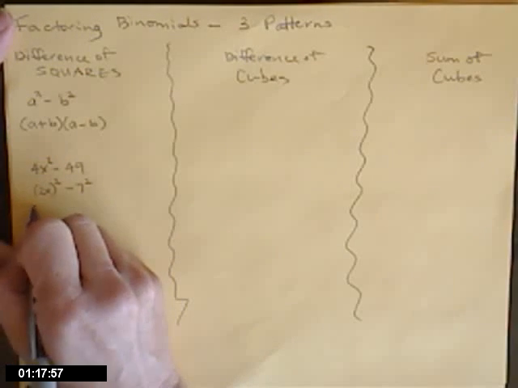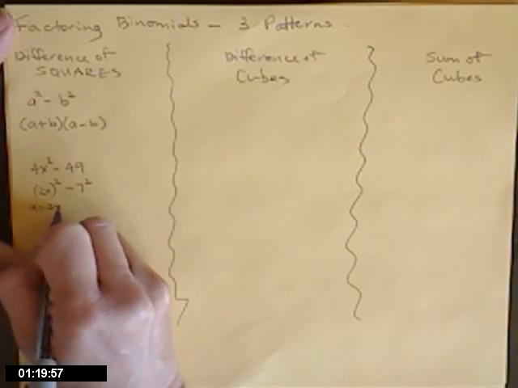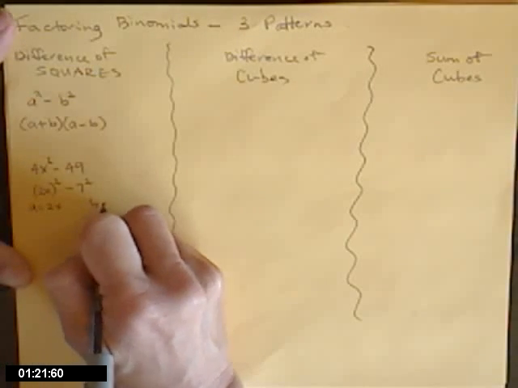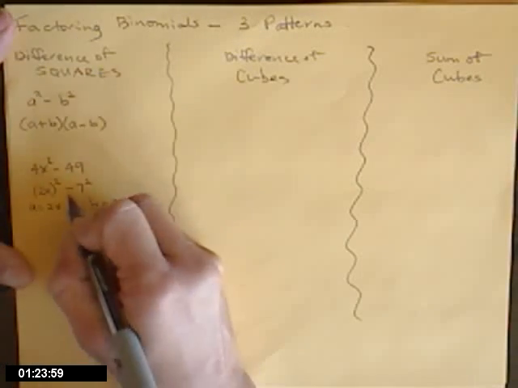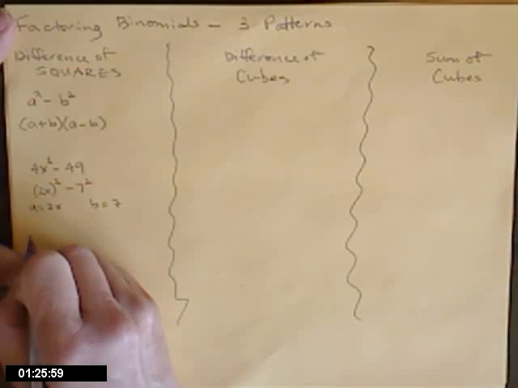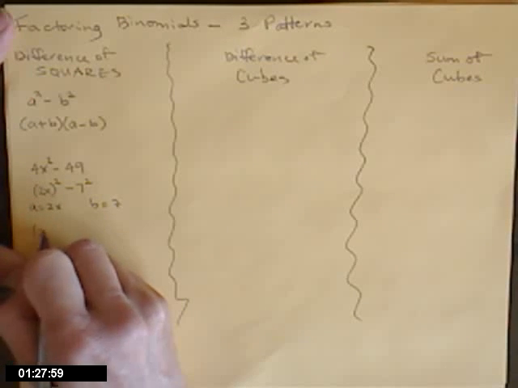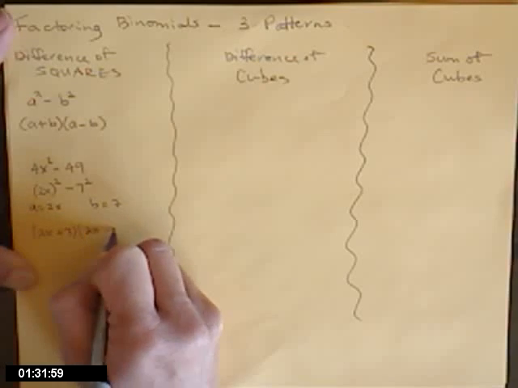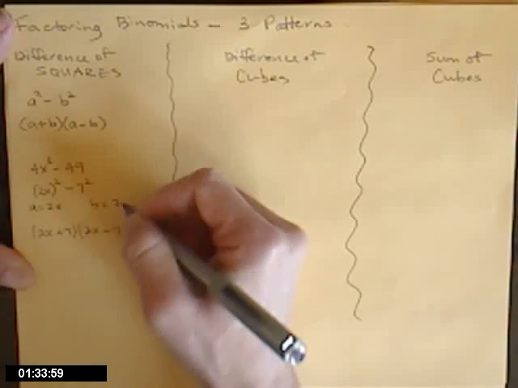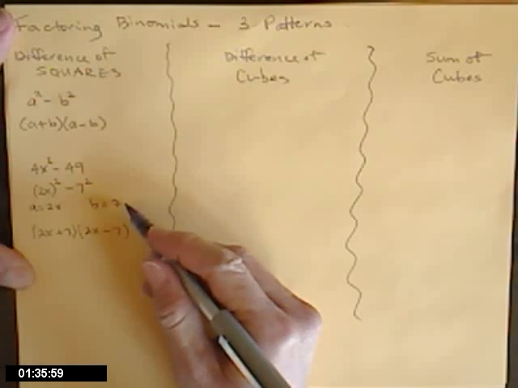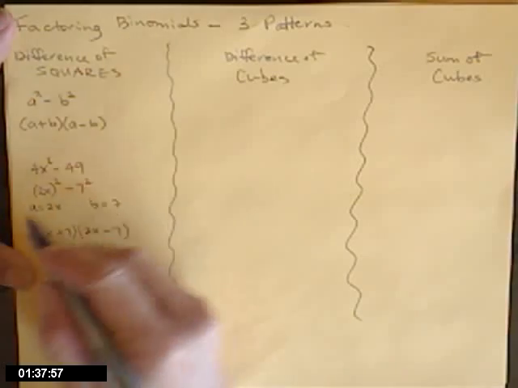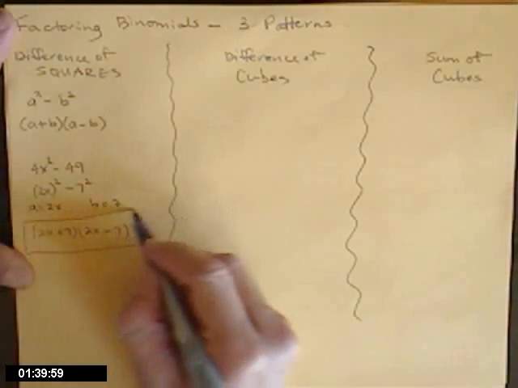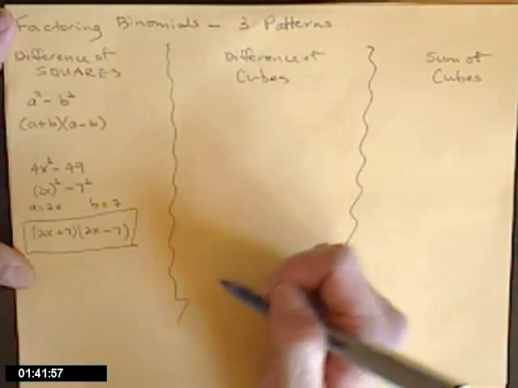So if we just look at the pattern, A is currently being played by 2x, B is being played by 7, the difference is taken care of in the title. So this would factor into A plus B times A minus B. Now usually I don't do this step here where I identify A and B. I just go right to writing down the factored form.